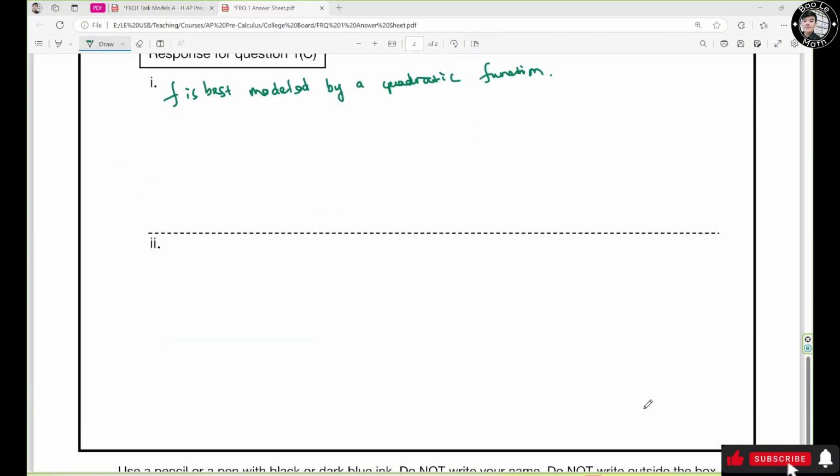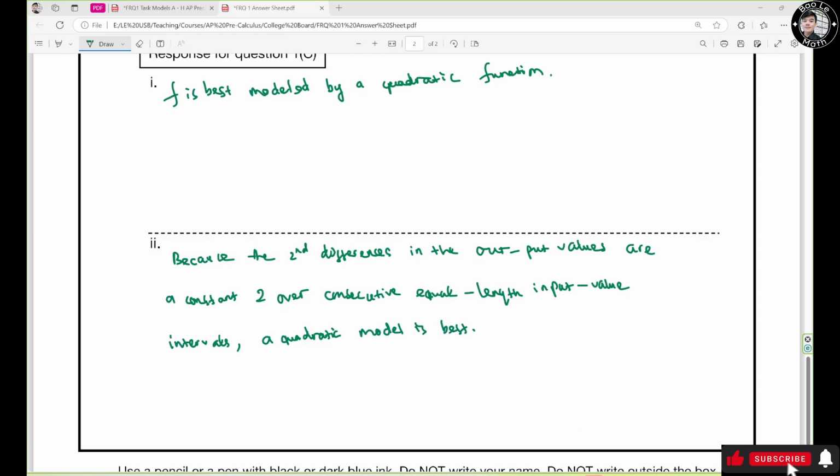Now C2, you need to say because the second difference in the output values is a constant 2 over consecutive equivalent input value intervals, a quadratic model is best.